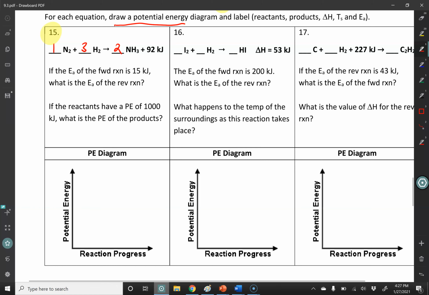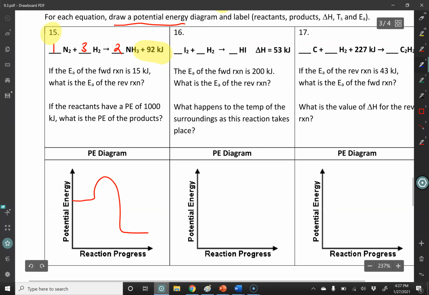In addition to seeing ammonia as the product, we also see 92 kilojoules of energy as a product. What type of reaction has occurred, endothermic or exothermic? Let's see, we've got 92 kilojoules getting produced. Energy is leaving the system. It's being released. So this must be an exothermic reaction. So I'm going to draw just a really generic looking PE diagram for an exothermic reaction.